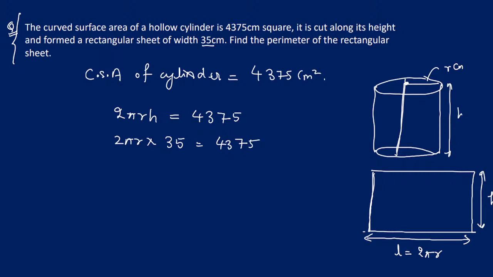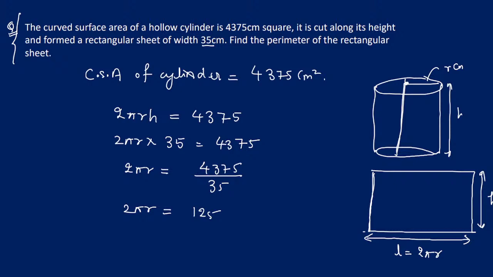You want the value of 2 pi r, then 2 pi r equals 4375 divided by 35. You cancel out and get the value of 2 pi r, which is going to be 125.